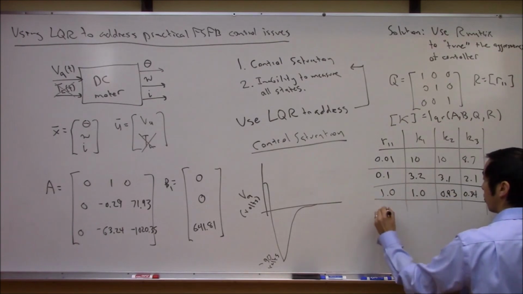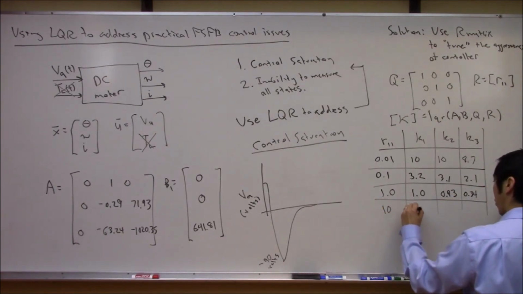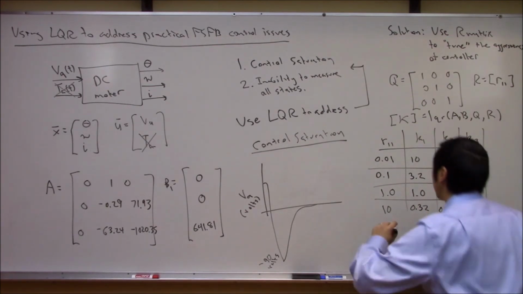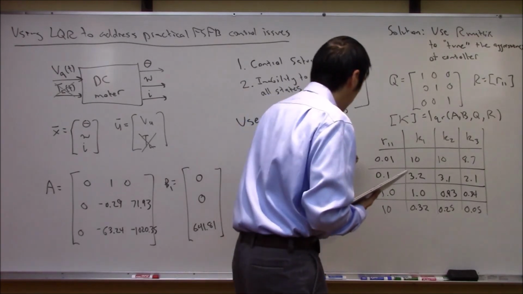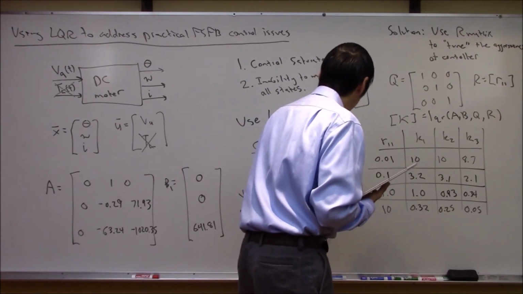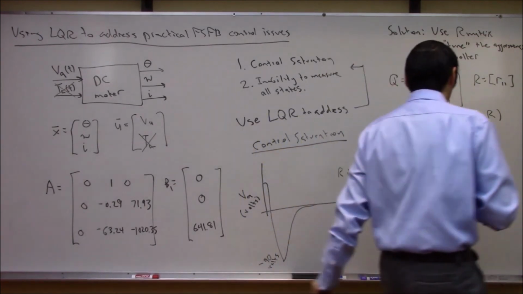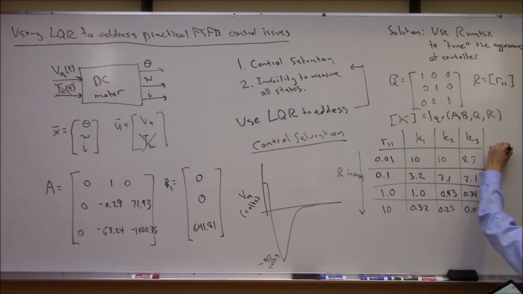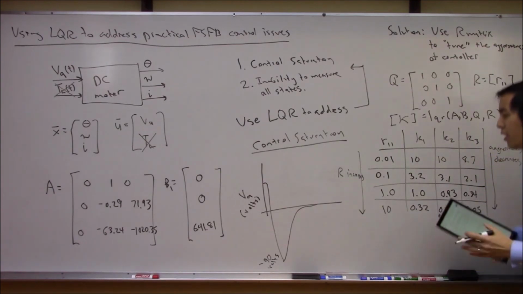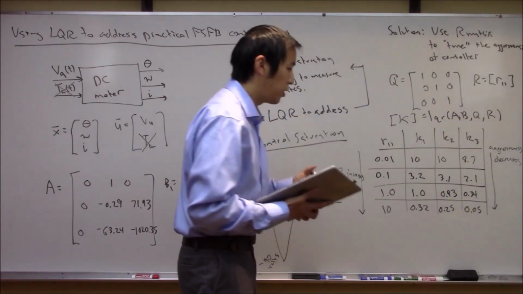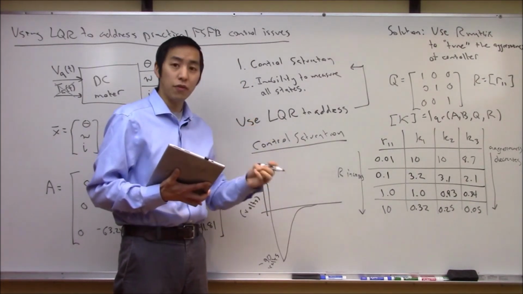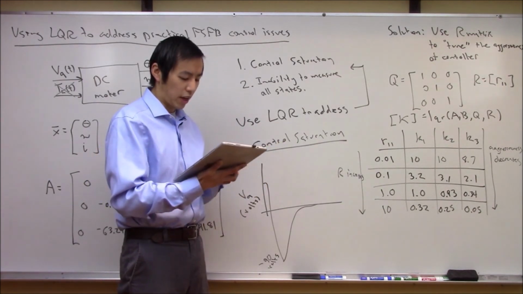Then just for giggles, let's crank it up even more: 0.32, 0.25, and 0.05. So you see the trend: as R increases, the aggressiveness of the controller decreases. R is literally the knob where you can tell the system how much you care about each different control when trying to drive the state to 0.